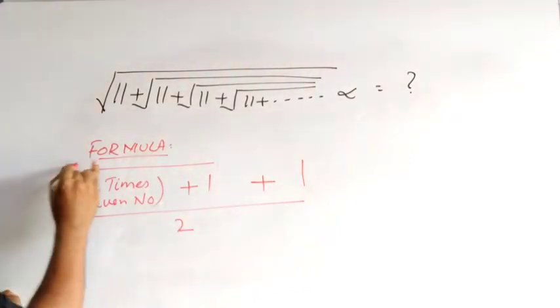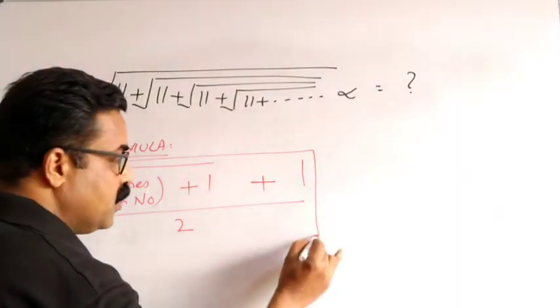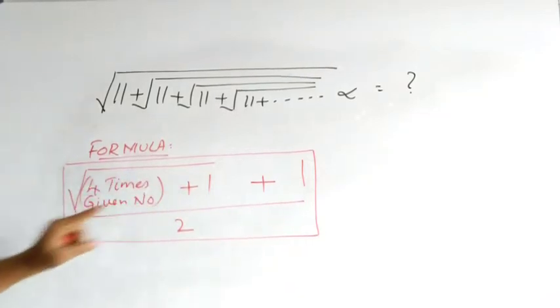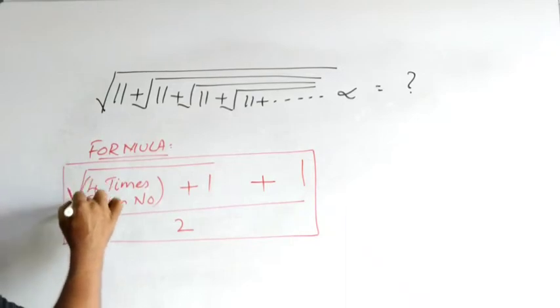A very, very important formula, so that you can solve it. What is the formula? 4 times the given number plus 1. Up to here it is in root.